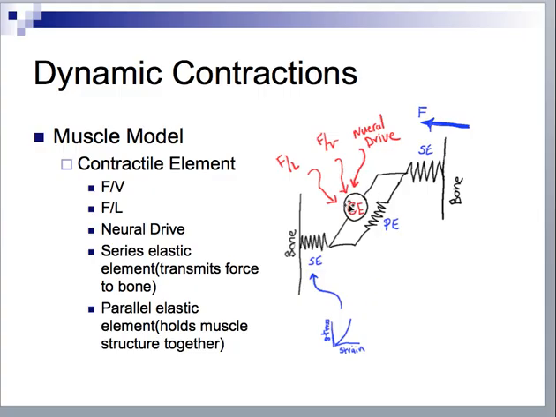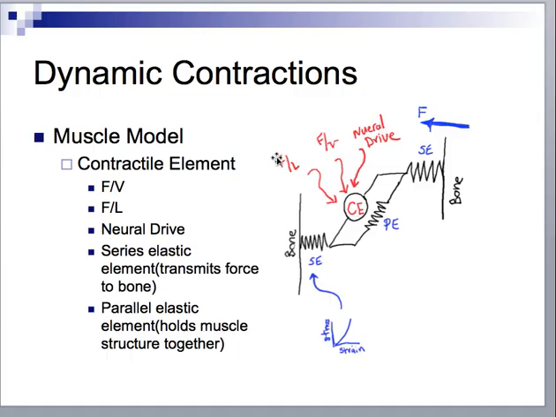So essentially we're most interested in the contractile element, and we know that the contractile element's influenced 1 by force length, 2 by force velocity, and now we also know that the amount of neural drive is partially dependent on what the force velocity is and what the force length is.